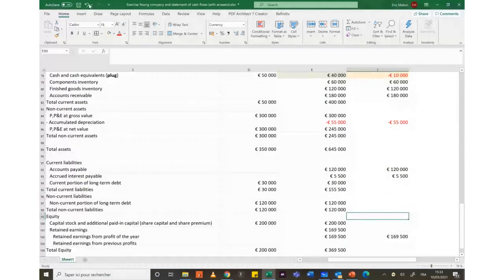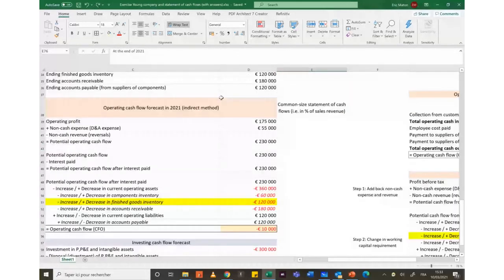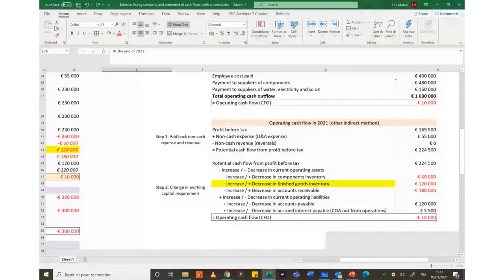Because here the change is only because of the operating activity. So it's equivalent what we have here and what we have in this part, from the profit before tax in this one. So you have the same values as here.